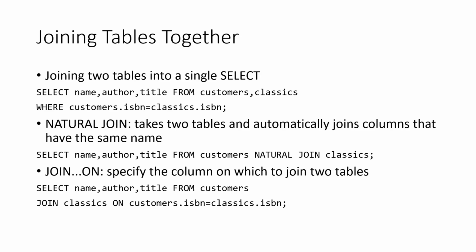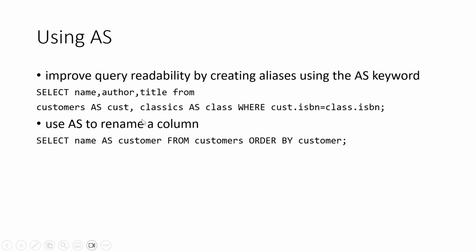One is a single select where you use a where clause, indicating what attributes are used to make that relation. Or if you want to join the tables automatically, you can use natural join, or you can use join on a condition. That's what you will normally use. And to improve the readability of your queries, you can also rename your columns, and then use those names when you write the queries.